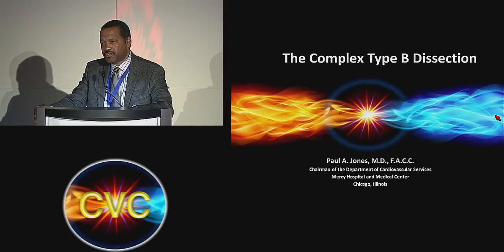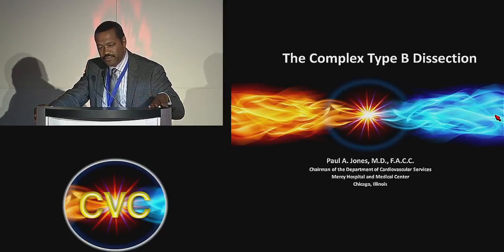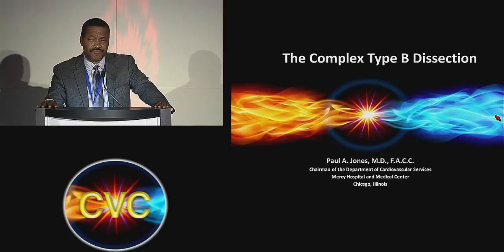And this particular case that I'm going to share with you, as well as our panelists today, is one of a complex type B dissection. We actually had 3 of these cases over about a 6-week time period.